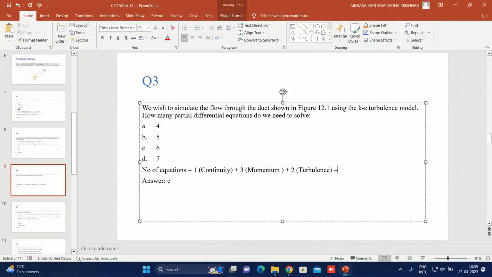Therefore, it is giving 6 equations. So the answer to this problem is option C, that is 6.